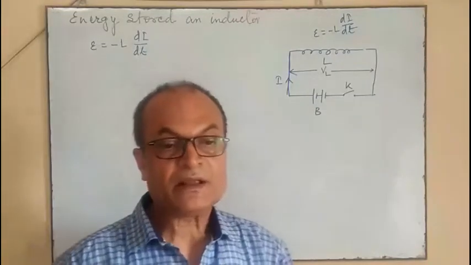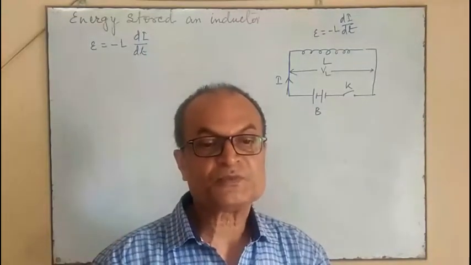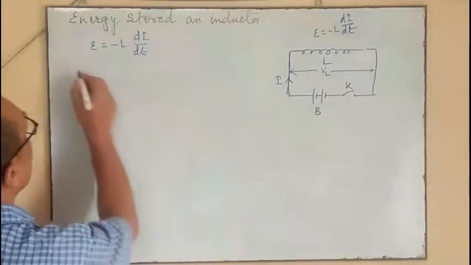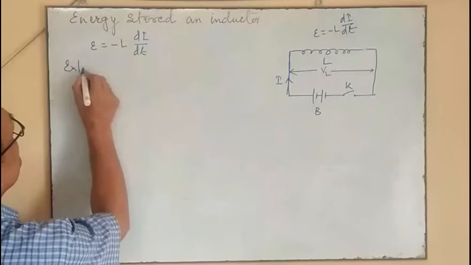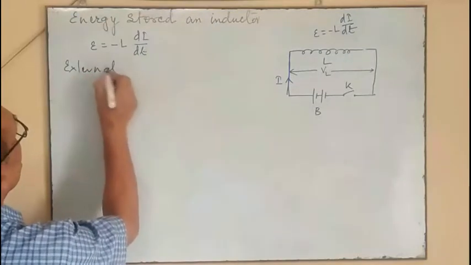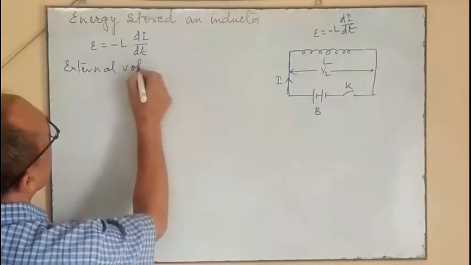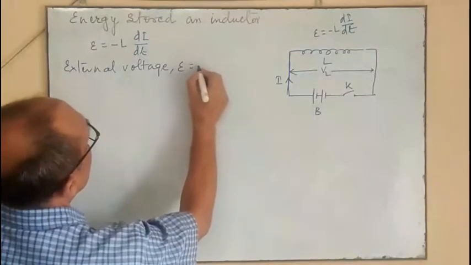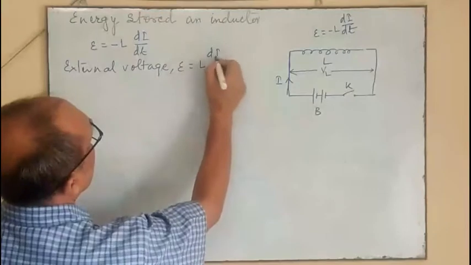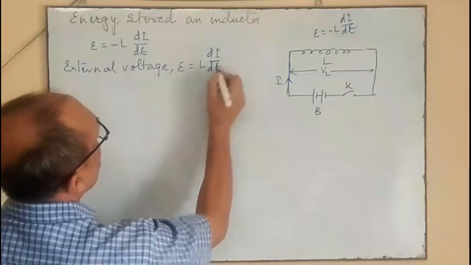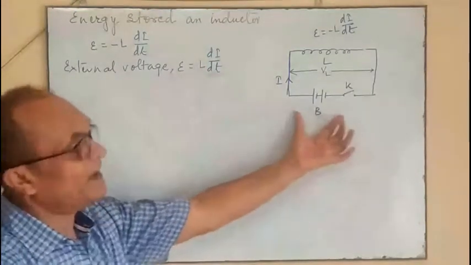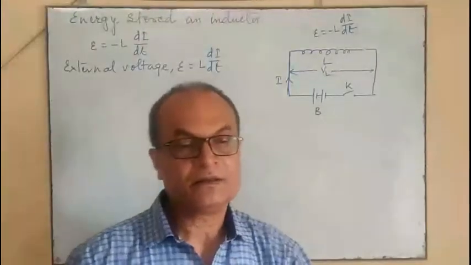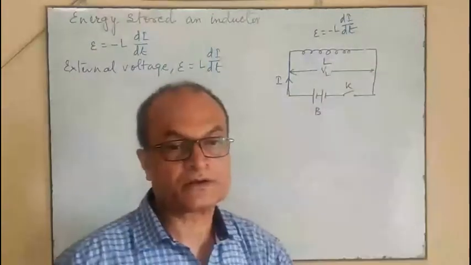The external voltage must be equal to this. So this voltage we have to apply by this battery to drive the current through this inductor.